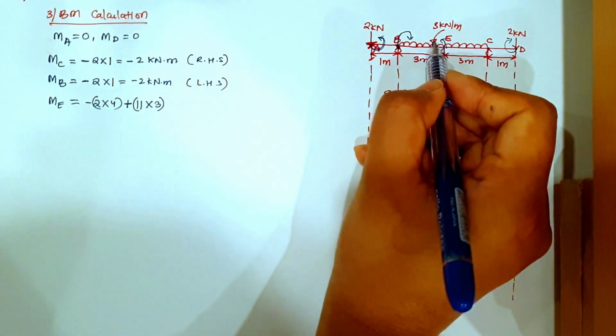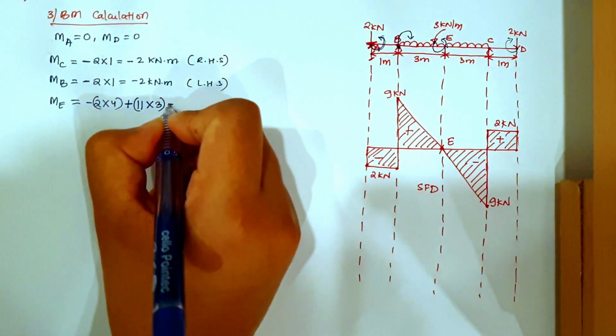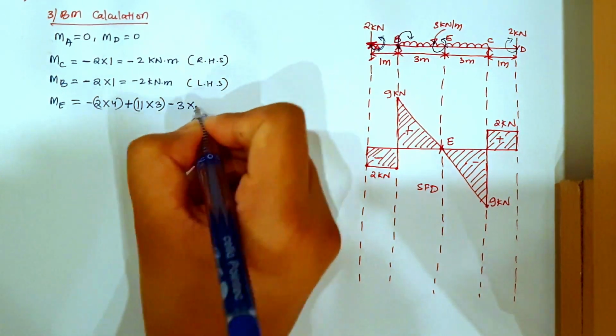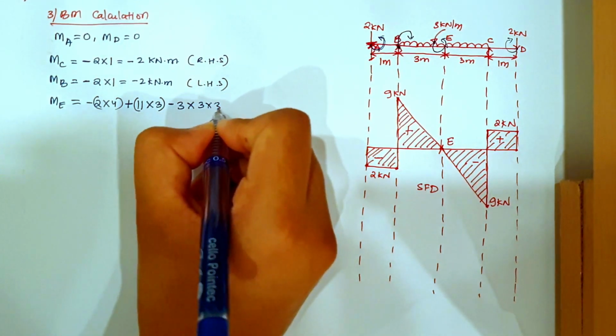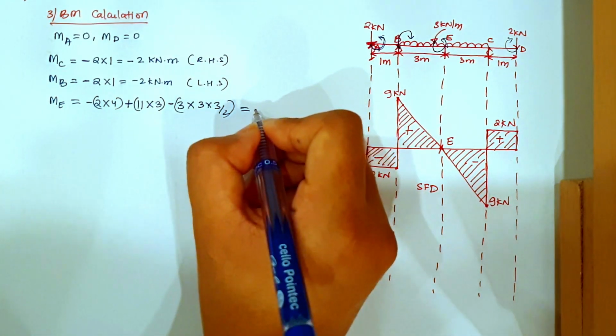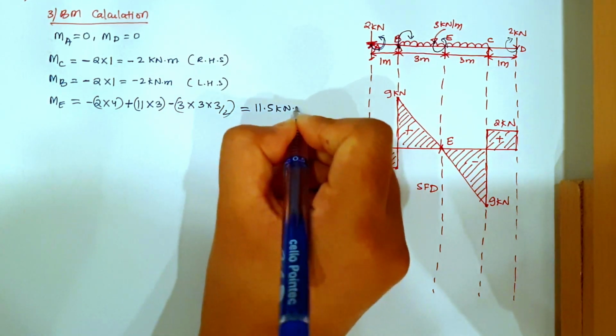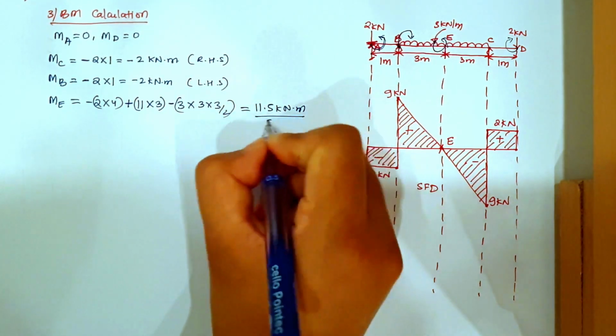Then I have the 3 kN per meter UDL going in an anti-clockwise direction. So -3 into the distance, which is 3 into 3 by 2. So from here you will get the moment at E exactly equal to 11.5 kN meter.